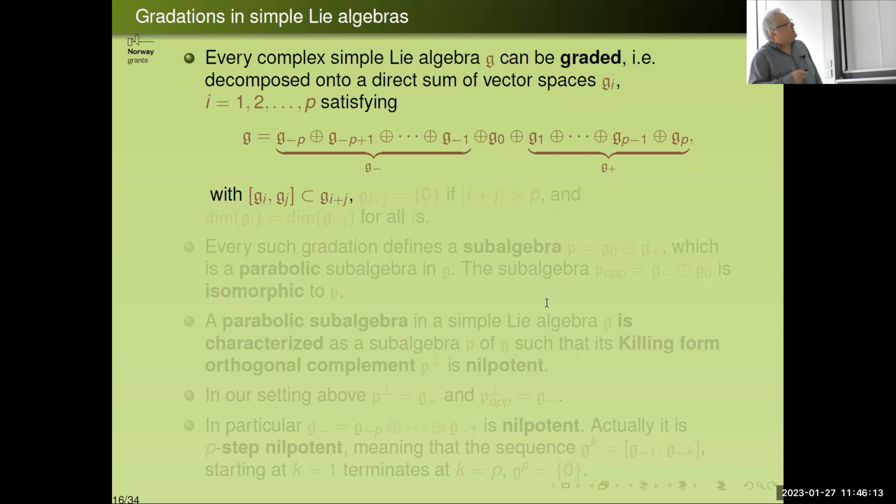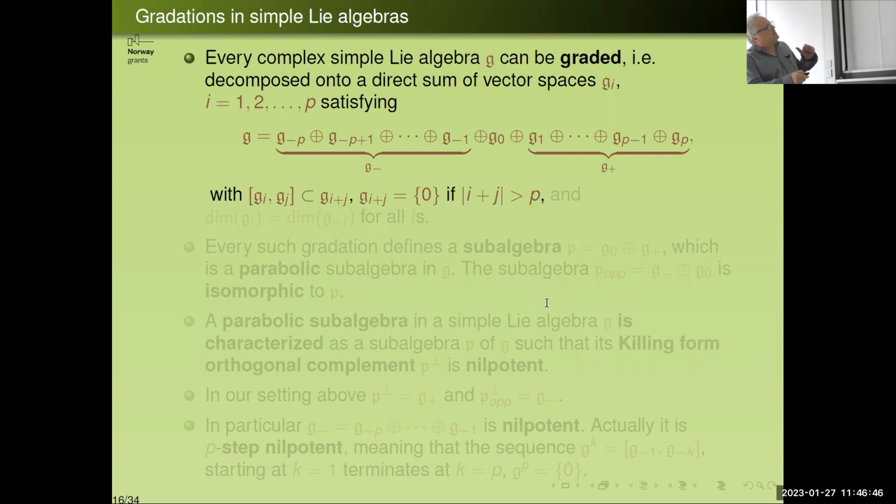So there is a complex simple Lie algebra G, and it can be decomposed into a direct sum of such vector spaces, and these vector spaces are such that the commutator of Gi with Gj is in G(i+j), and if i plus j is greater than this p, then it is 0.